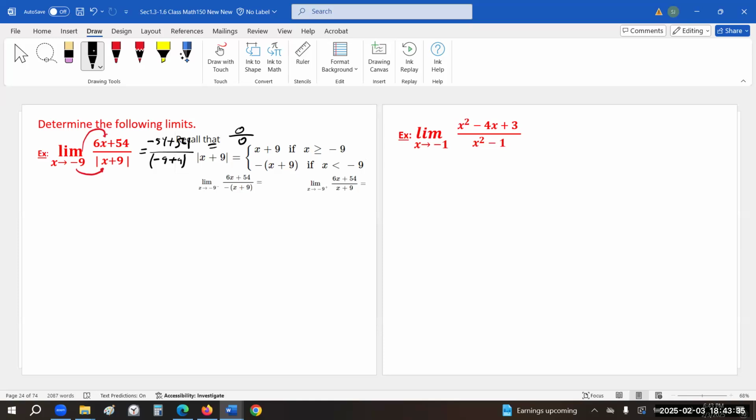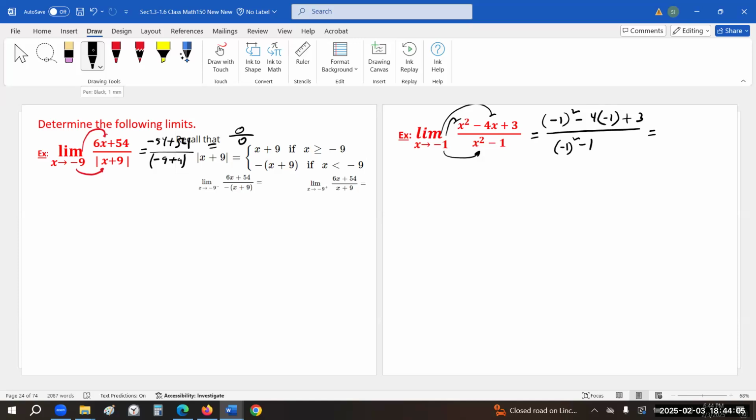Now, do you have the same problem here? Let's see. The point is to substitute -1 here. We have -1 squared minus 4 times -1 plus 3, and on the bottom -1 squared minus 1.